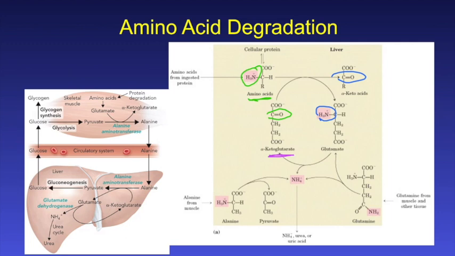Okay, so to get rid of the nitrogen, most of the time the nitrogens are given to glutamate originally. Now, glutamate can react one more time and accept one more amine in the R group to become glutamine, and that's kind of a buffering system if I have lots of amines coming off at any one time.